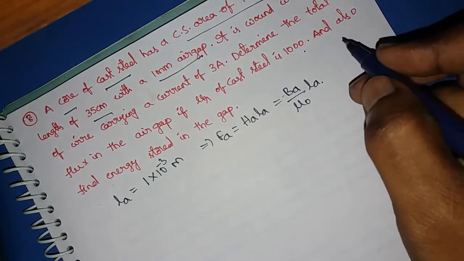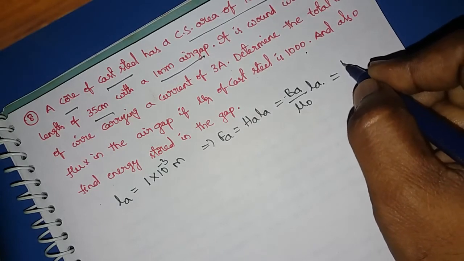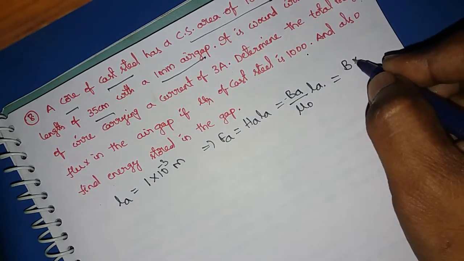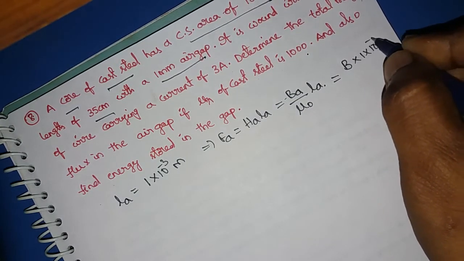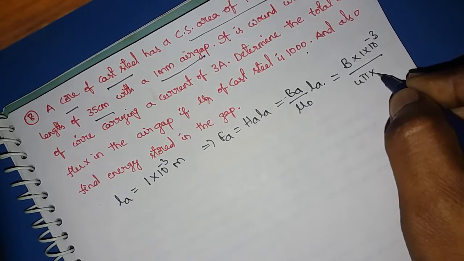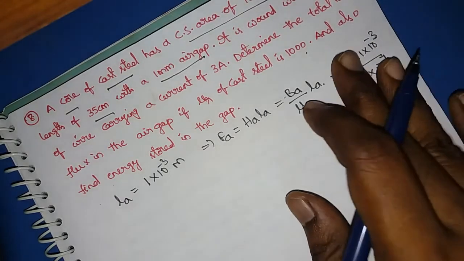So let it be B, and we know this value LA, 1 into 10 power minus 3, divided by mu naught, which is 4 pi into 10 power minus 7. So let it be as it is.